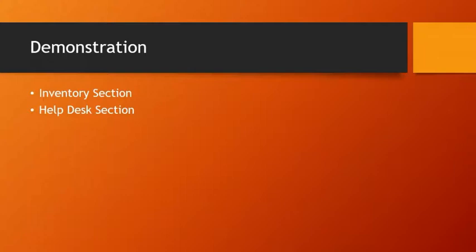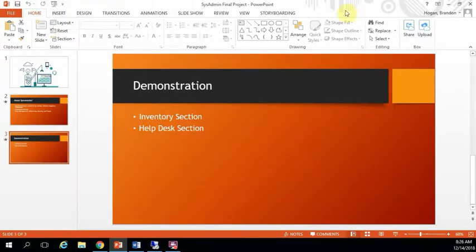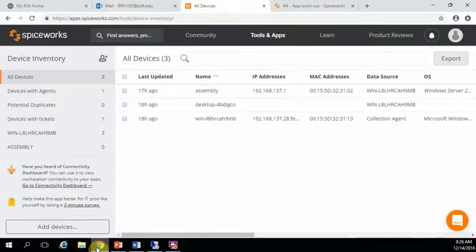While working on this project, I ran into a few errors with the desktop application, which unfortunately I was unable to start up. So instead, I'm going to show how Spiceworks works through the browser, which is still kind of good, but it does have its limitations.